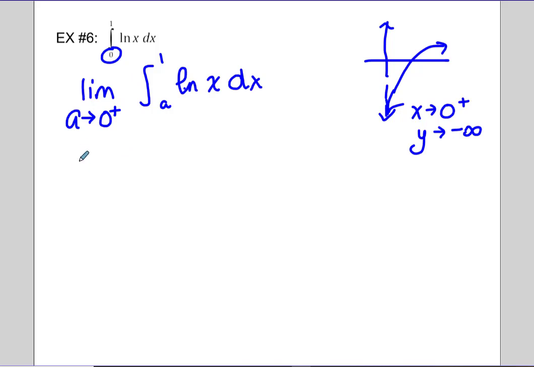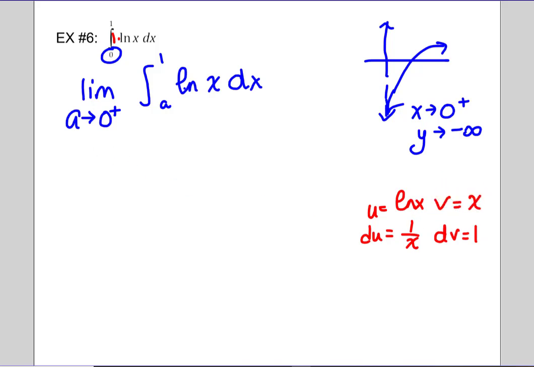And then, again, by parts, integration by parts, if u is natural log of x, then du is 1 over x. And if dv is 1, because I'm considering this to be times 1, then v is x.